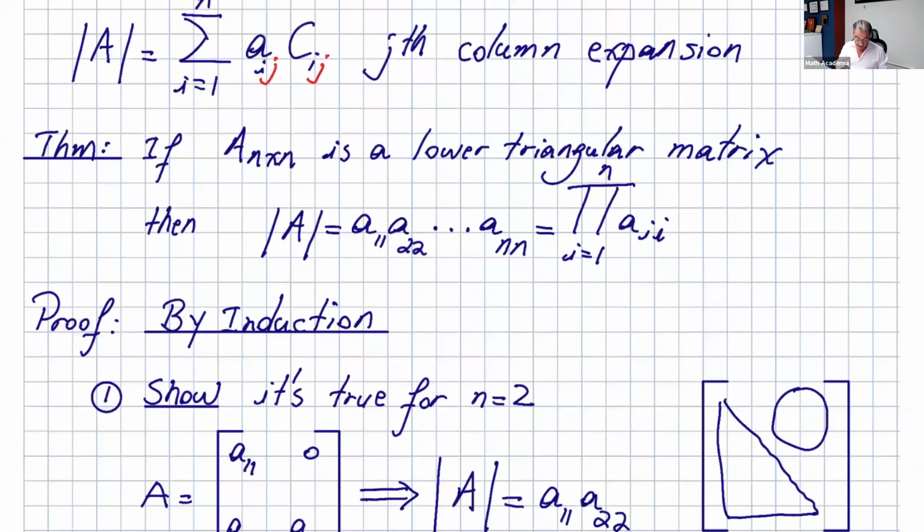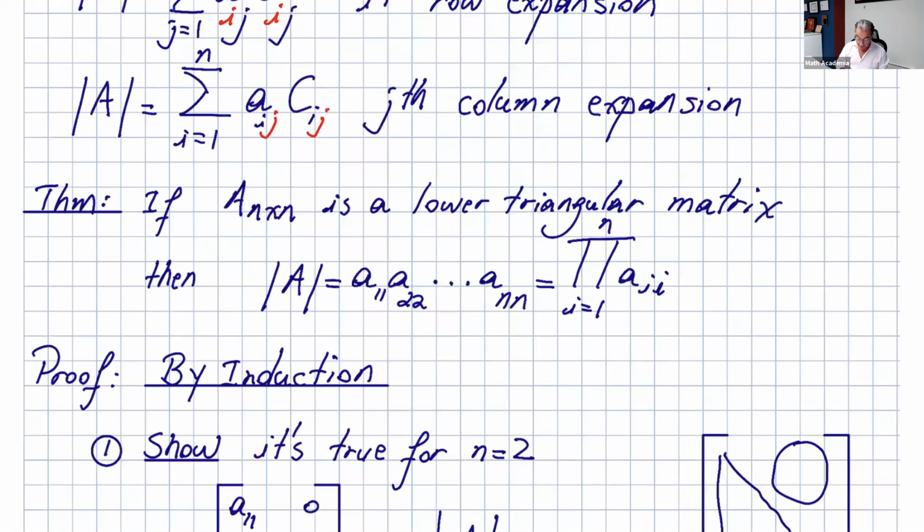Now, I just took the example of a lower triangular matrix. It works the same way for an upper triangular matrix and a diagonal matrix. The determinant is going to be A11 times A22 times ... A nn. I just want you to note this means product.